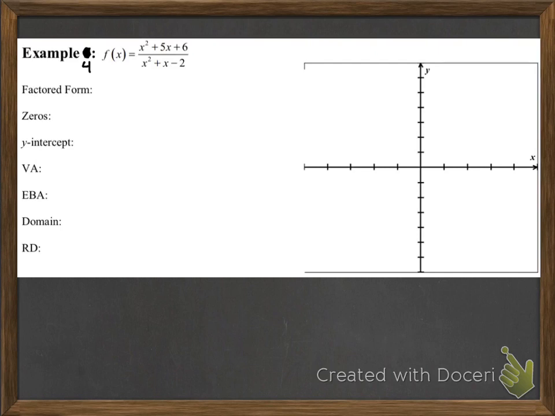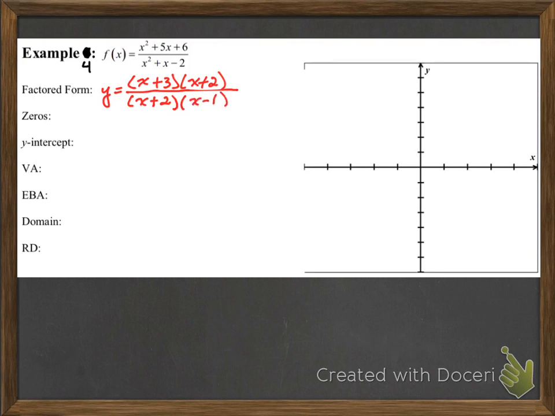Factor everything. So the numerator factors to x plus 3 times x plus 2. The denominator factors to x plus 2 times x minus 1.